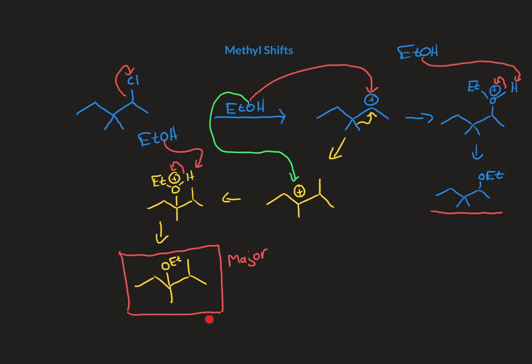And so I expect the rearrangement to form a tertiary carbocation to be fast, and this will be the major product. Importantly, groups bigger than a methyl group for our purposes are not going to shift. So we're not going to see an ethyl group or a propyl group shift to do rearrangements. We're going to see hydride shifts and methyl shifts, and one more type of rearrangement that we'll talk about on the next slide.